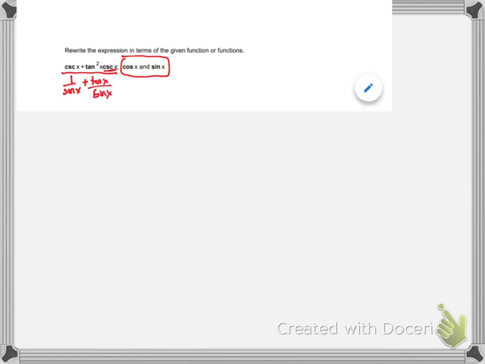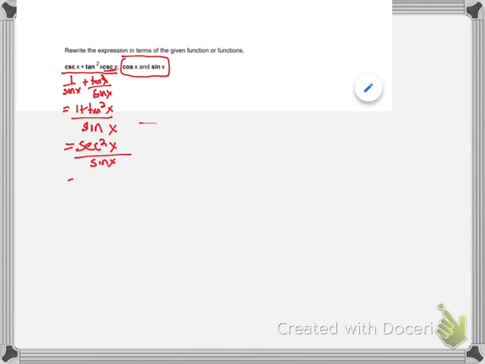Without switching that tangent squared into anything, I'm able to see that this will be a common denominator, which means that I'm going to arrive at 1 plus tangent squared x all over sine x. Tangent squared plus 1 is an identity. That's equivalent to secant squared. Those are the Pythagorean identities we had before. Over sine x. Helps if I draw that bar.